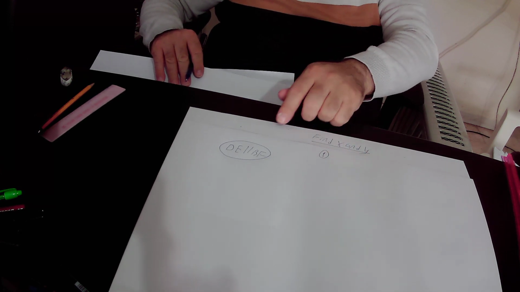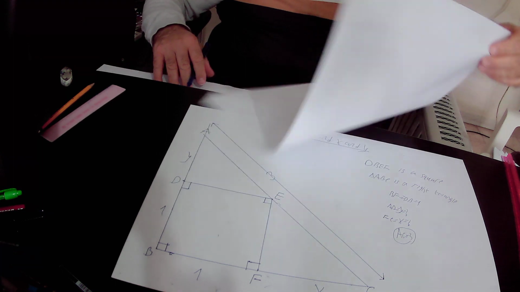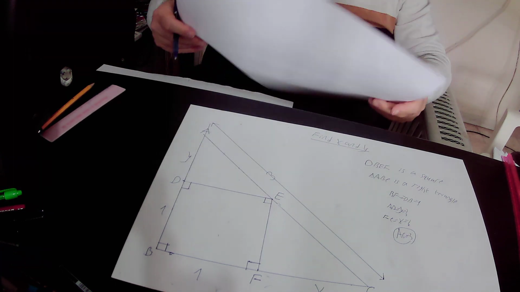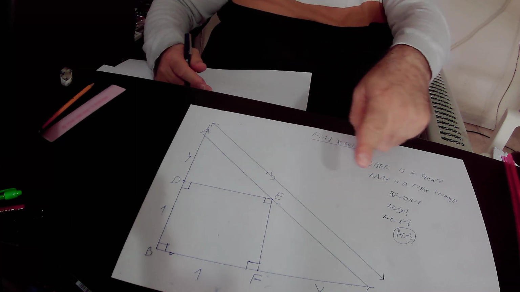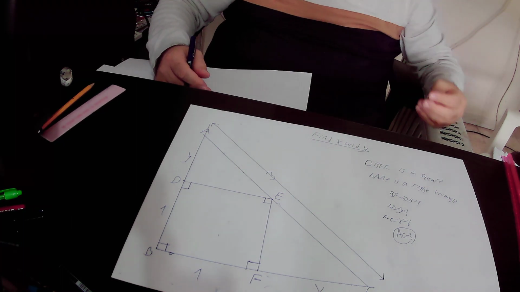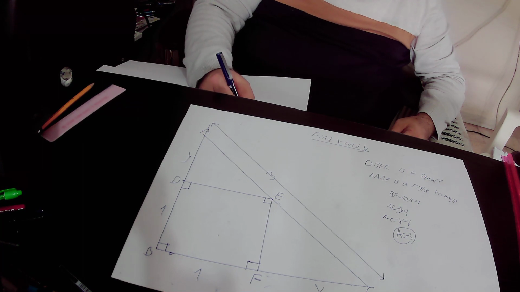That is to say, DE is parallel to BF. And we also know that BC is one side of the right triangle, triangle ABC. Therefore, BC is a straight line.